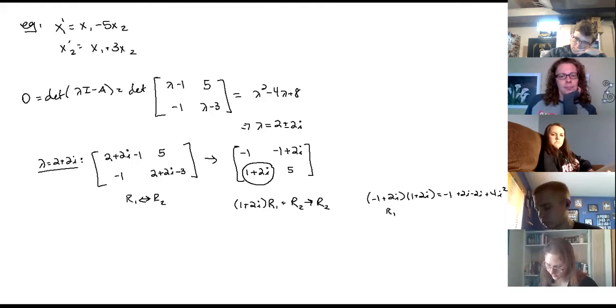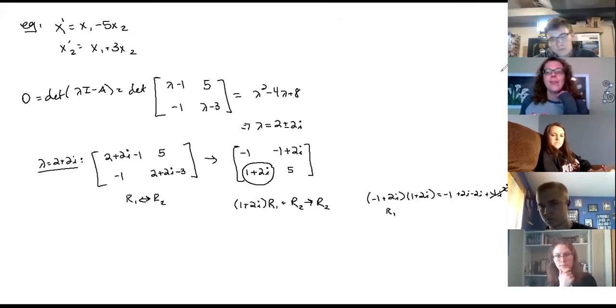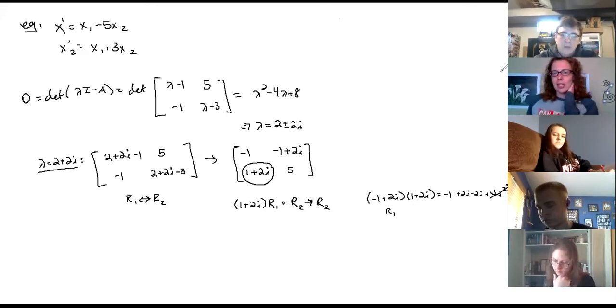Remember that i squared is negative 1, so that's the same thing as minus 4. And so that simplifies to negative 5. So that's the entry that I am adding to the positive 5 when I do 1 plus 2i times row 1 plus row 2 goes to row 2.